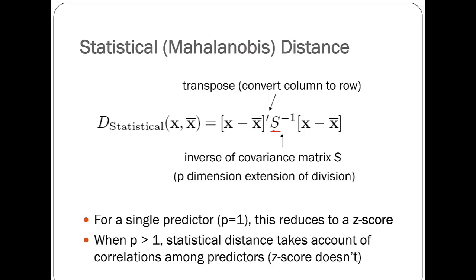S is the covariance matrix, and so if you take x minus x bar, xi minus x bar, divided by the standard deviation sigma, and then square that whole thing. This is basically what we're doing when we calculate this statistical distance. However, we're doing it in multiple dimensions, in p dimensions.